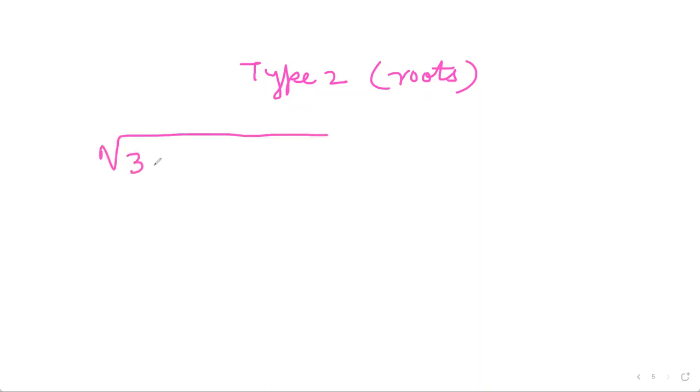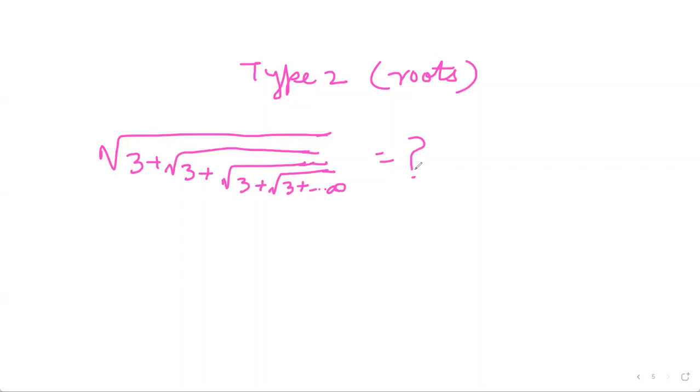See the question: root of 3 plus root of 3 plus root of 3 plus, up to infinite. You need to calculate this value. If you proceed with the longer method, you would need 15 to 20 minutes to solve this question. But we can solve it using a small trick.